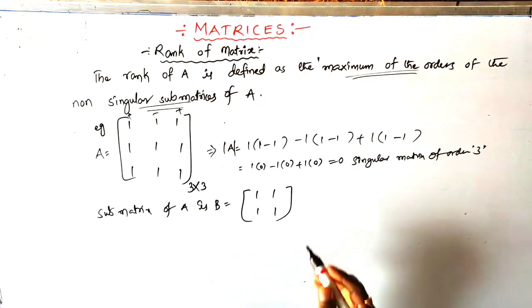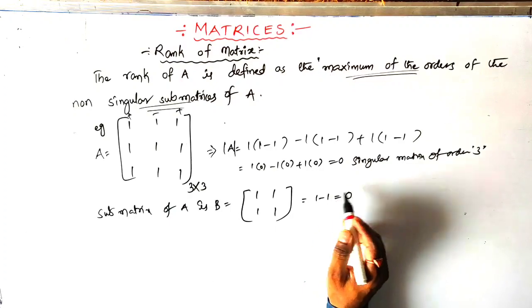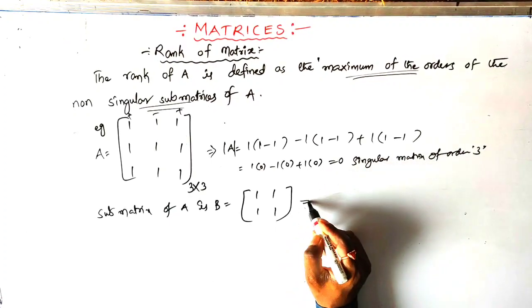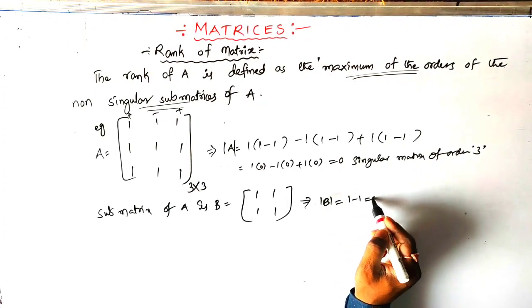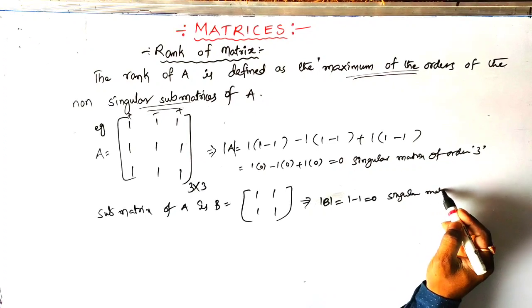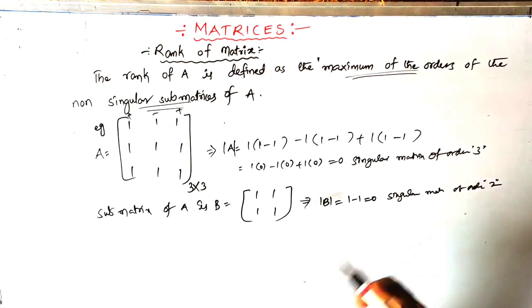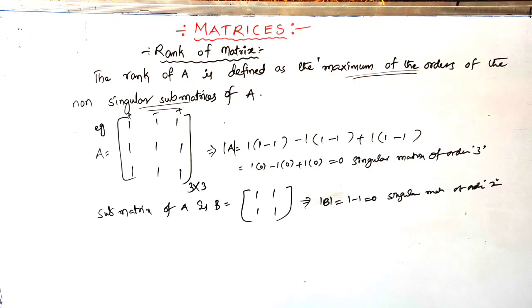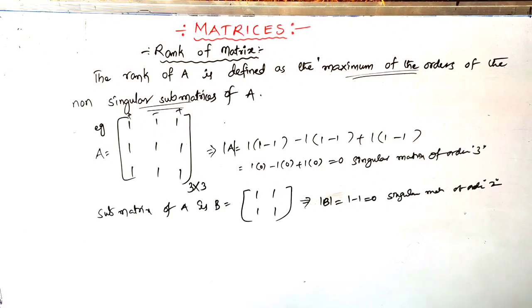So again we find AD minus BC, 1 minus 1, that equals 0. So the determinant of B is 1 minus 1, that is also 0. This is also a singular matrix of order 2. So take any 2 by 2 matrix, the determinant is equal to 0. That's why all of these are singular matrices.